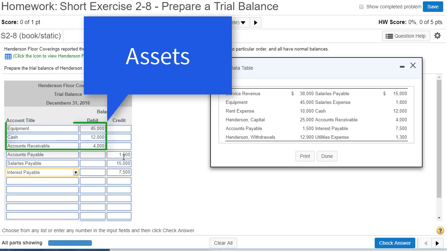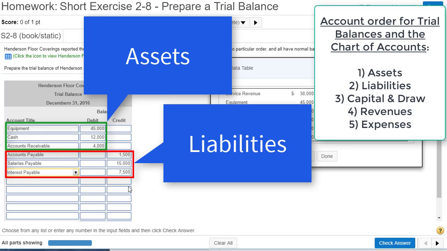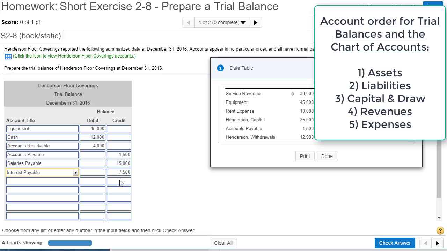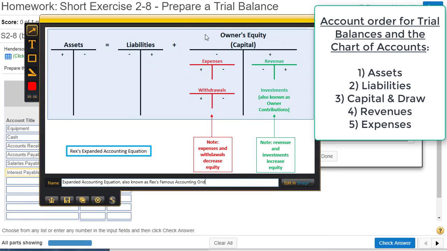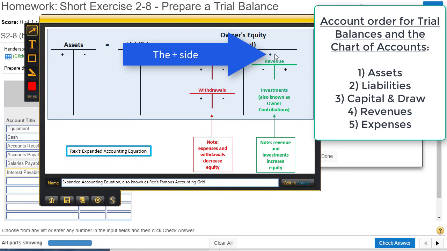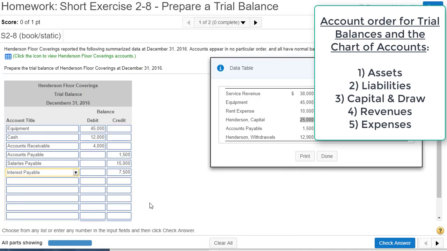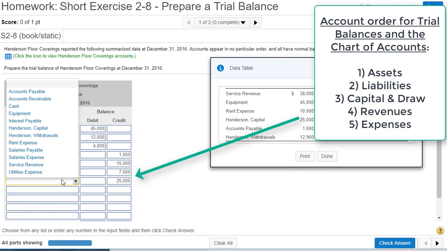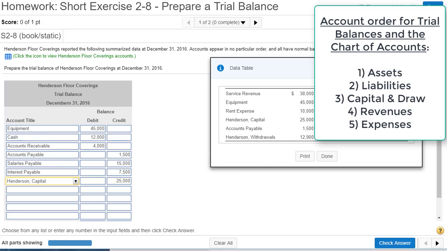After assets and liabilities comes capital. With capital, we traditionally put the drawing account, the withdrawals account, when we're doing the trial balance. Let's see if we can find capital. Here's capital, $25,000. Which side is the positive side, in other words, the normal balance side of capital? The plus side for capital is on the right side. And we need our withdrawals.